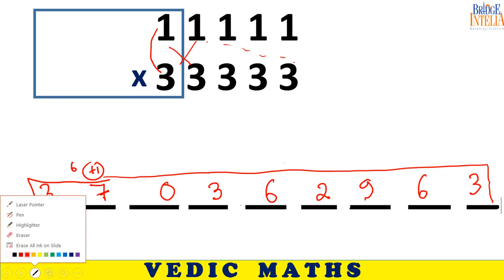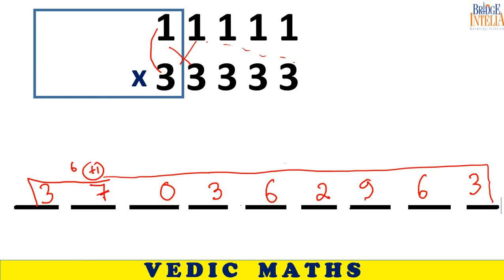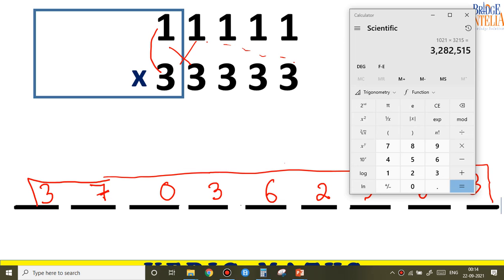So we will verify once more using a calculator whether our answer is correct or not. So let's verify. We have multiplied 5 times 1, so 1, 1, 1, 1, 1, with 5 times 3, so 1, 2, 3, 4, 5, 5 times 3.